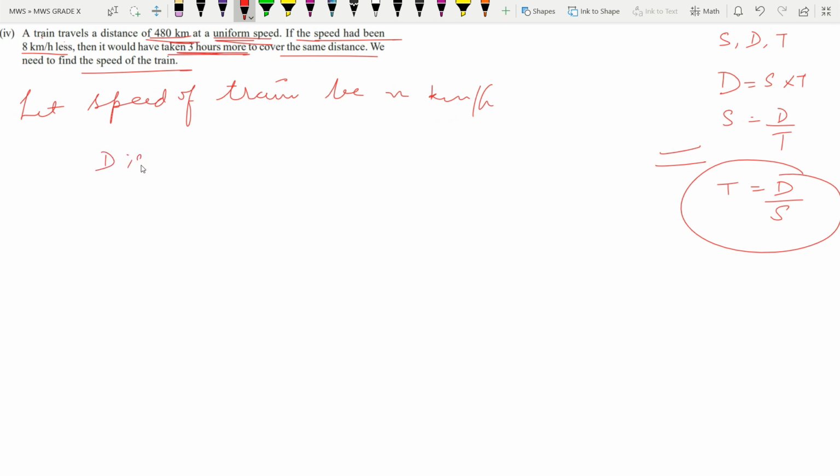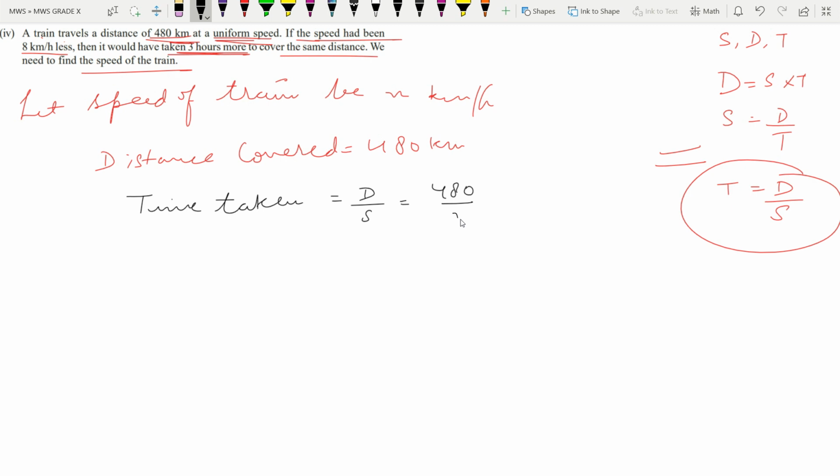And distance covered is equal to 480 kilometer. Then time taken is distance upon speed. If distance is 480 and speed is x, then time will be 480 by x hours.